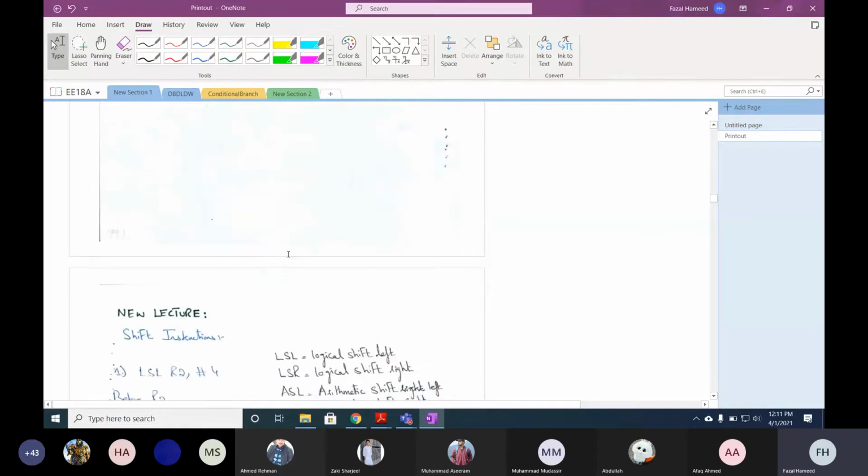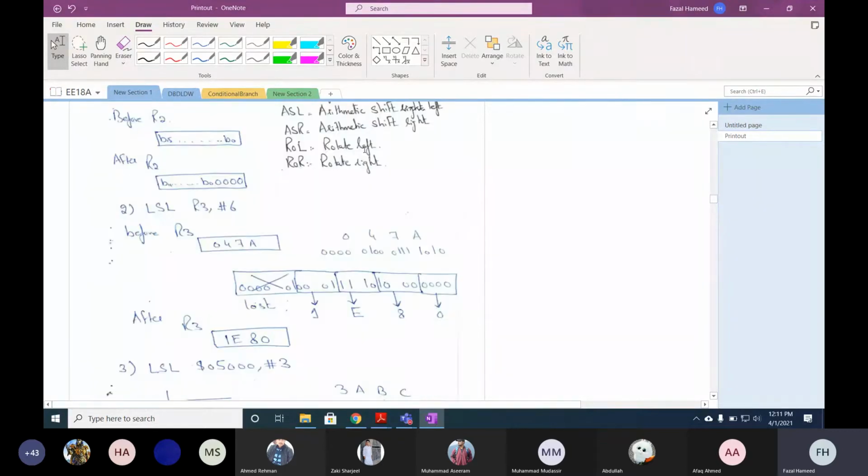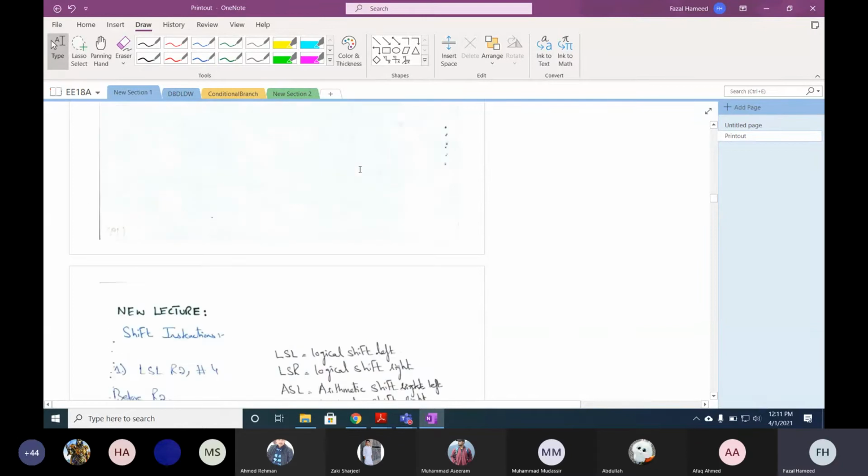We also have, for example, ROL, which stands for rotate left, and ROR, which stands for rotate right. Now we will do different examples of these instructions.